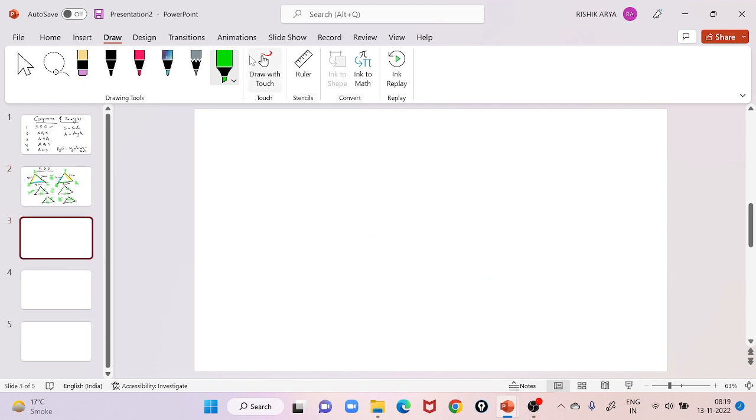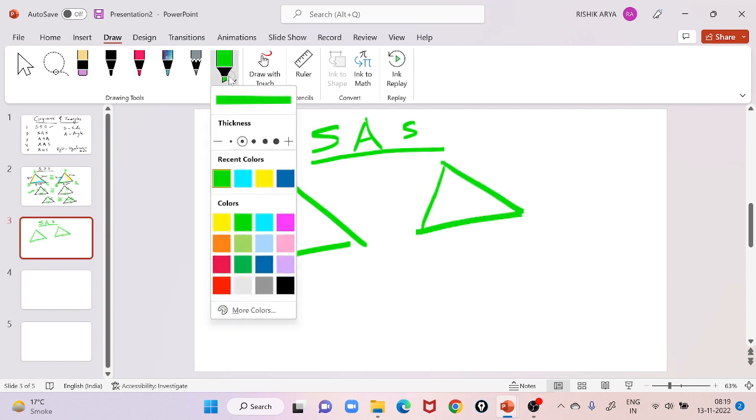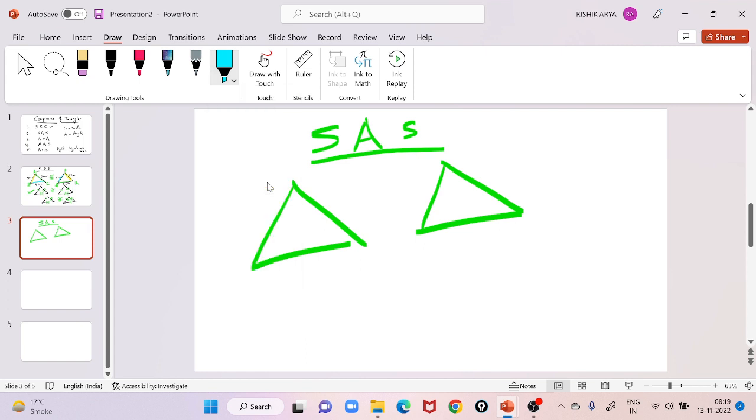of SAS. In SAS criteria also, if we are taking any two triangles, what does it mean? Again, side, angle, side. So the angle, you can see here, is lying in between the two sides. The same should be applied on the figure also.